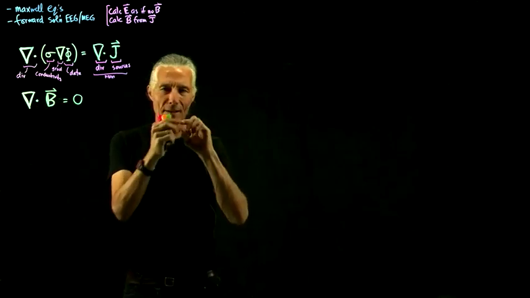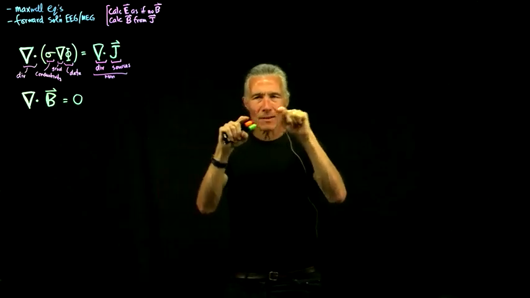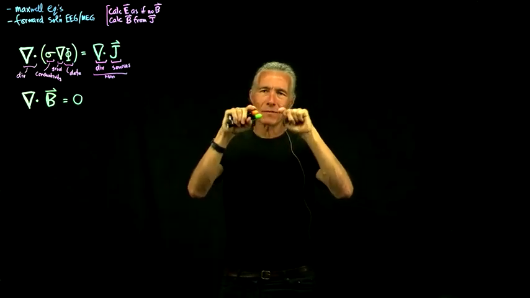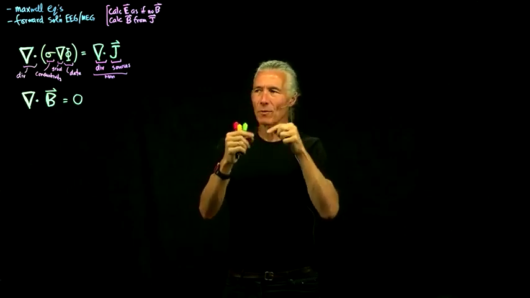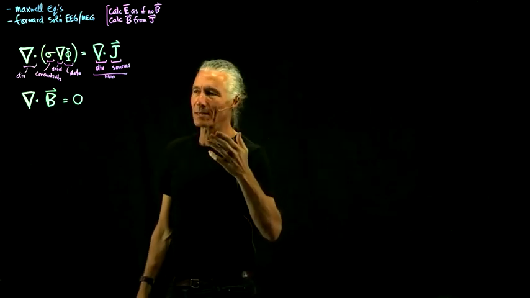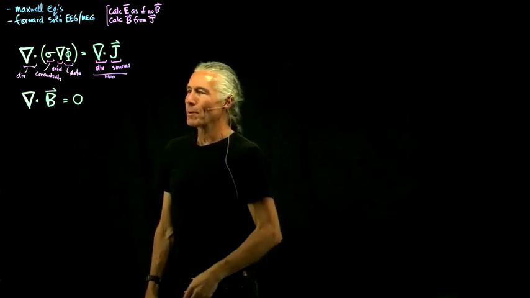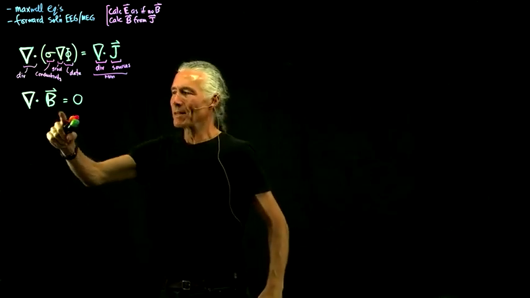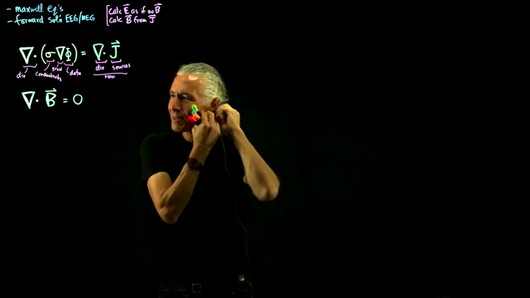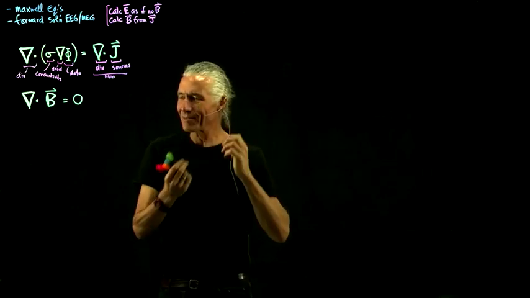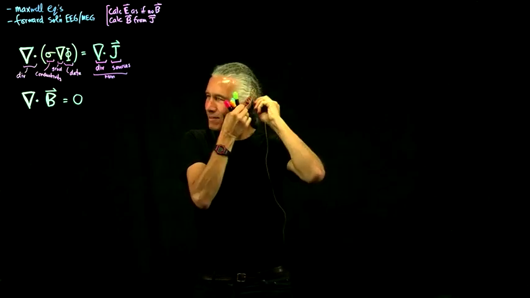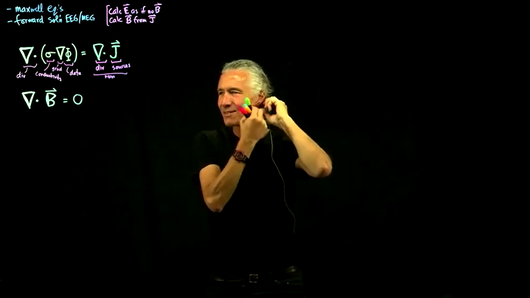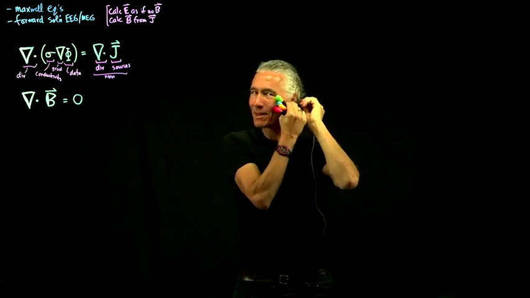If you look at the E field and the vectors are coming out from a point or going into a point, that tells us where the charges are. But with this Maxwell equation, when I first looked at this, I said, well, what good does 0 do me? What does that mean?